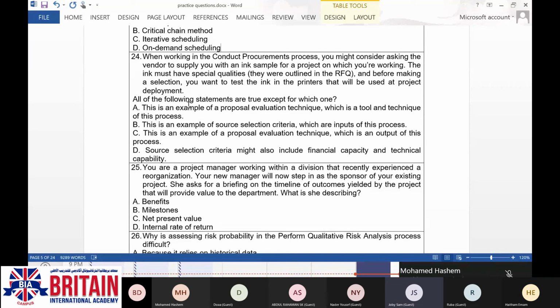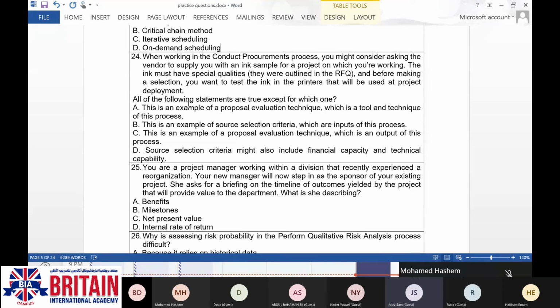The ink must have special qualities. They were outlined in the RFQ, request for quotation. And before making a selection, you want to test the ink in the printers that will be used at project deployment. All of the following statements are true, except for which one?